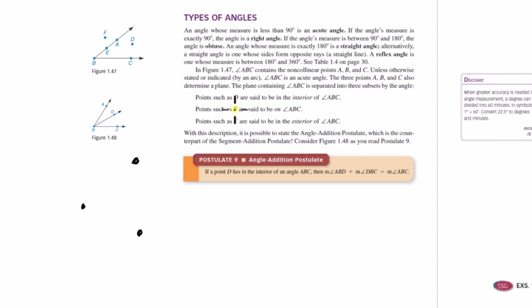Another thing we can think about now is that 3 non-collinear points also set an angle, because you have 2 lines. If you have 2 intersecting lines, as we saw a couple of videos ago, they lie in a unique plane, as long as they're not the same line.